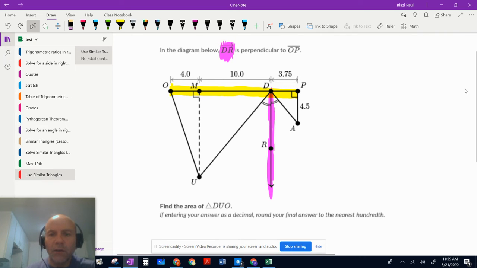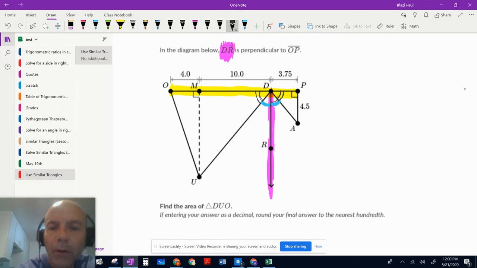So it gives us that these two angles are congruent, right? So it would make sense that these other two angles are congruent right here, that this angle is congruent to this angle.